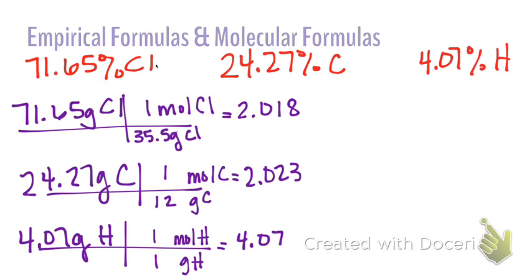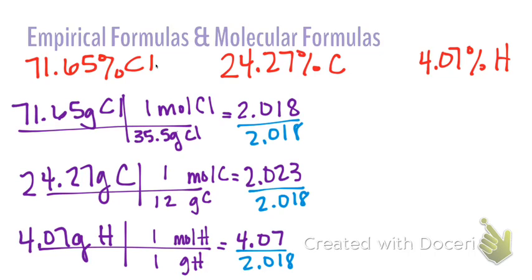So which of these mole numbers is smallest? Right, the top one. Even though these two are really similar, right? We can really think of those as kind of one and the same. But what we're going to do is divide each mole number by the smallest. So 2.018, 2.018, 2.018. So this one obviously comes out to 1.